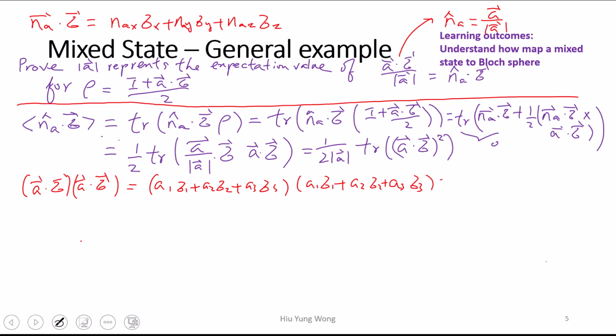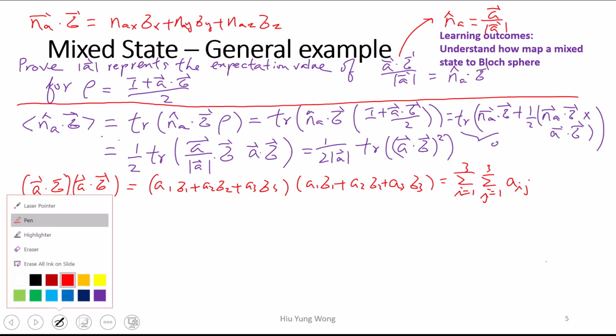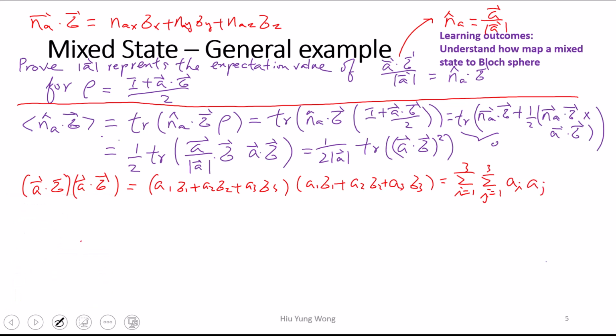You have all these cross terms, and you can write them in a summation, i equal to 1 to 3, j equal to 1 to 3, of Ai times Aj, because you have two coefficients, and then sigma i sigma j.